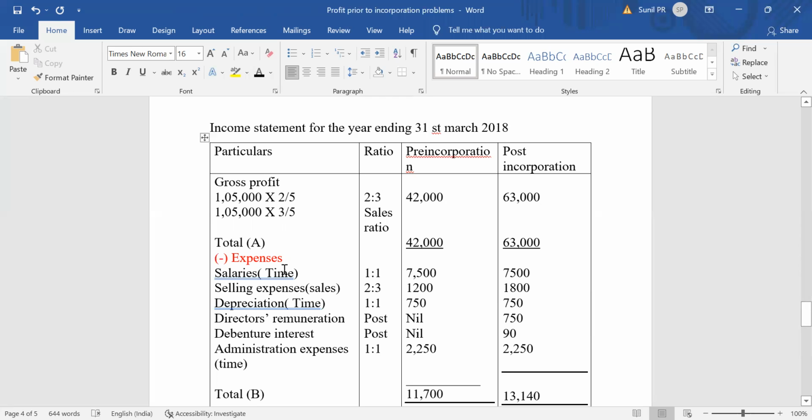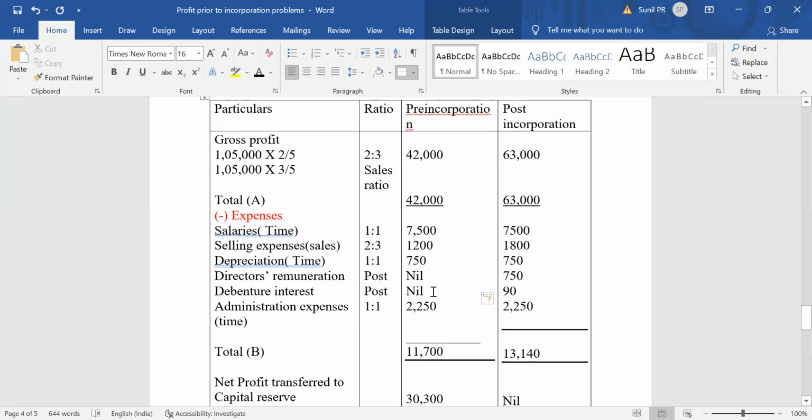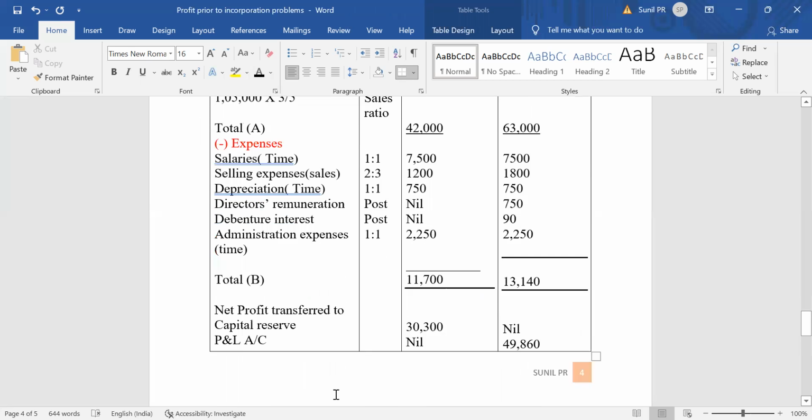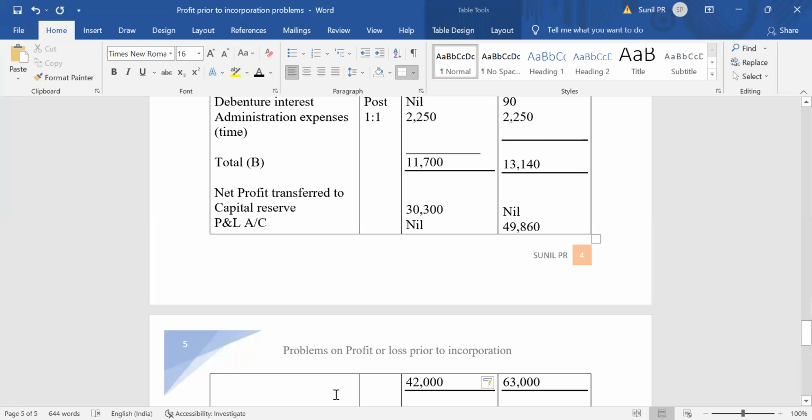Next, put a heading as expenses. List out all the expenses and which ratio each belongs to. Then do the total of expenses, that is called B. Gross profit total minus expenses total will give you net profit. After you get the net profit, put the gross profit total in the last.